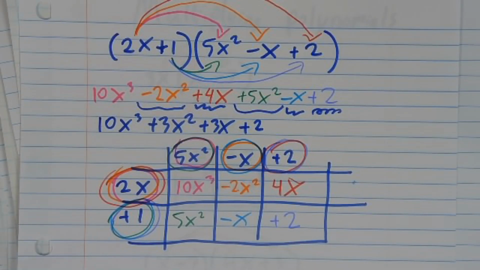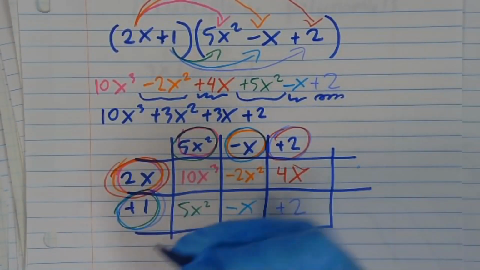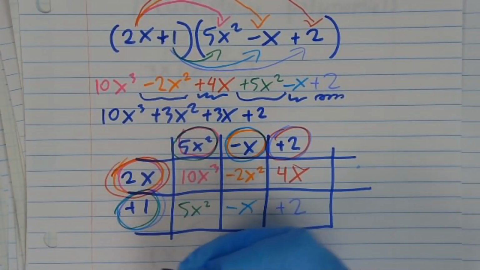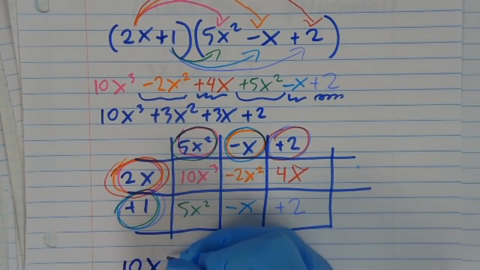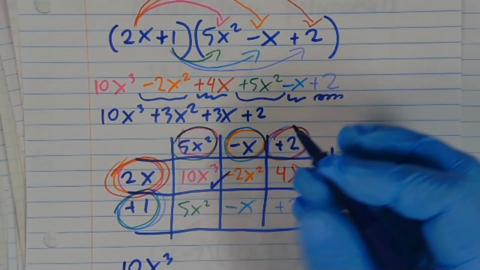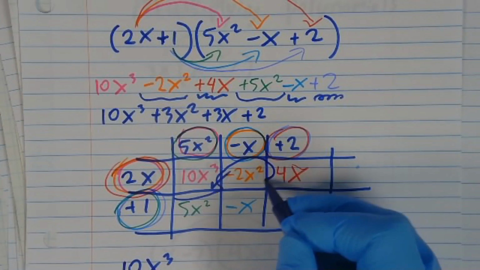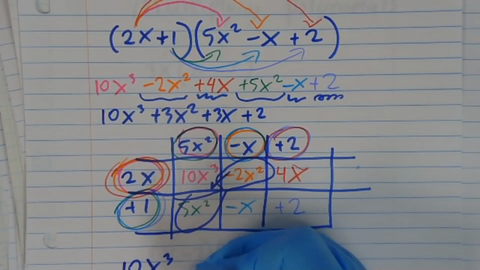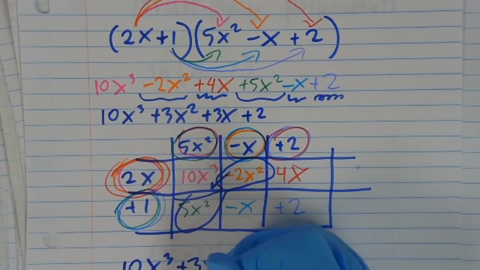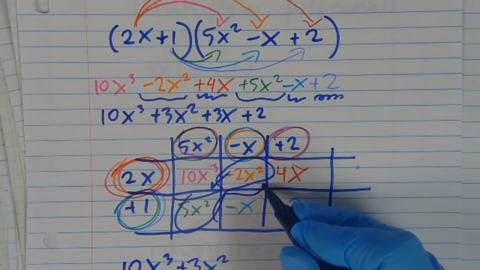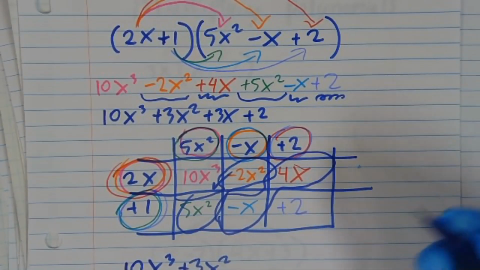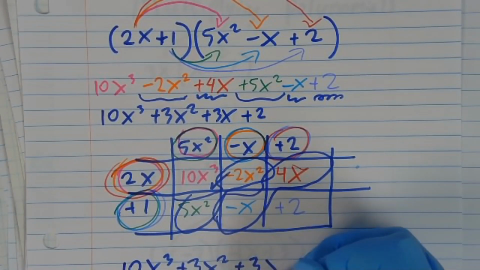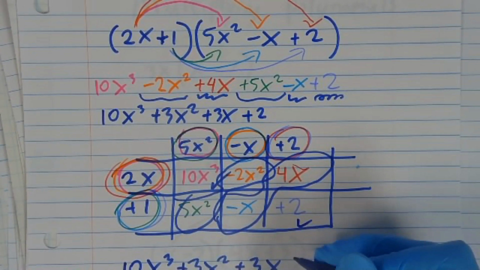And this would, again, come out to, I have 1 that's to the third, so I have 10x to the third. These two are both squared, so I'd have 3x squared. These two are both just linear terms, so I'd have 3x, and then there I'd have plus 2.